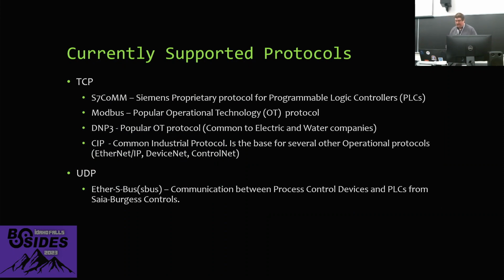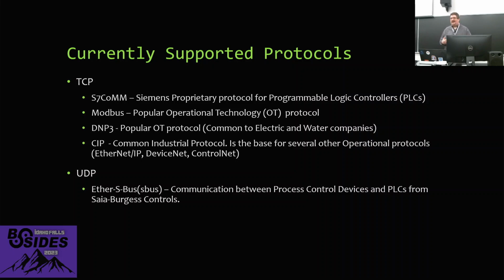For my project, I did four protocols: S7COMM, Modbus, DMP3, and SIP. After I turned it in, I went through and added a UDP protocol, EtherSBus. It's able to extract them and find them, so I can fingerprint these, and it's something that can grow.